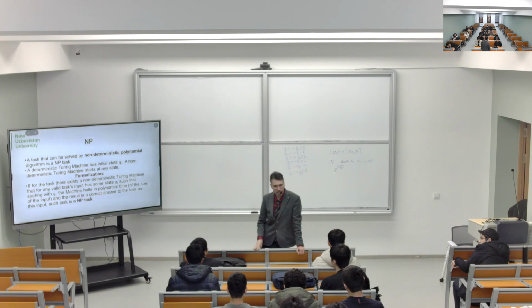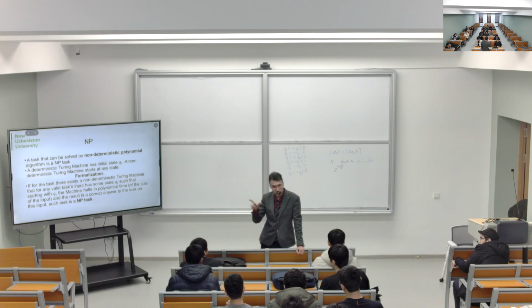Then this task is called non-deterministic polynomial. Non-deterministic means we don't know from which state we need to start in order to solve this problem in polynomial time. So we don't know the state, but there is a state inside the machine that allows us to solve this in polynomial time.